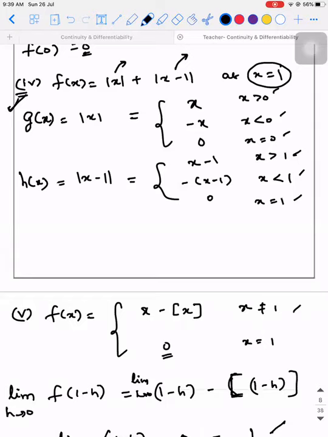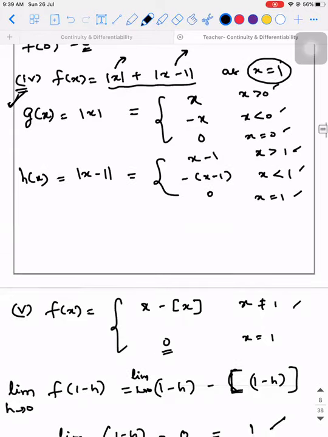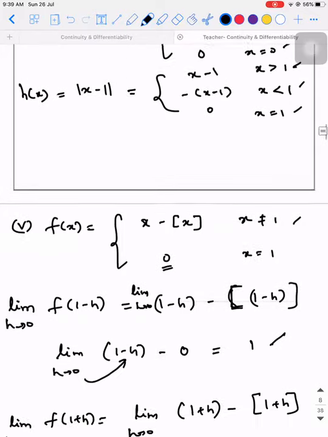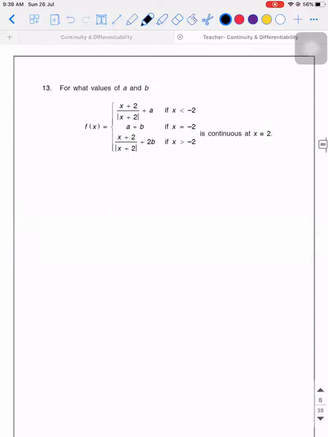You can just revisit that video and see how I would have solved it. I would have split this function itself into different parts. If you're able to do it that way, that is a very perfect method, because you will have a clear idea about all the modulus functions. Okay, you can just have a revisit.